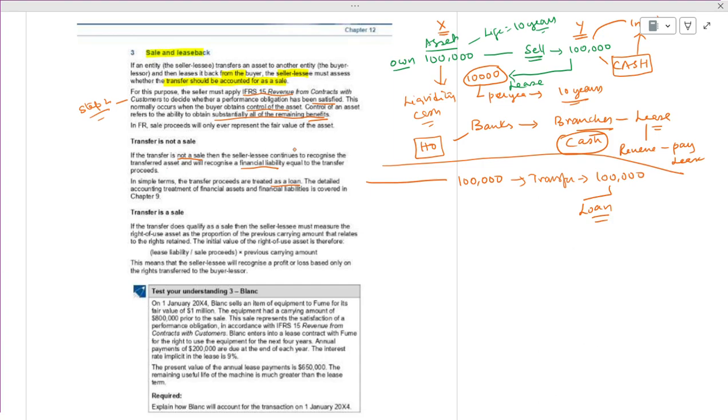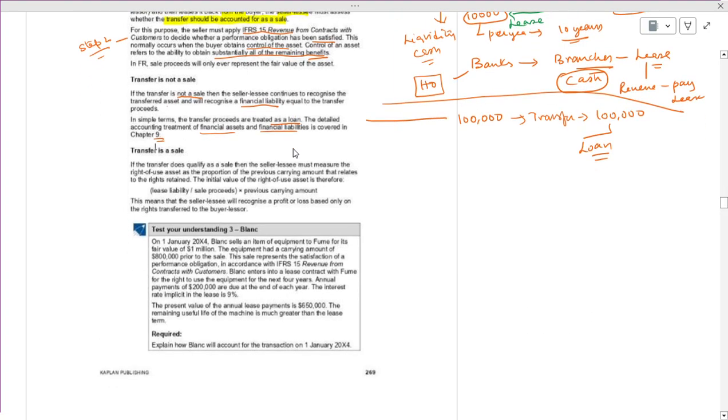The detailed treatment of financial assets and financial liabilities, which we have done, will be applied here. Is it clear? If the transfer does not qualify as a sale, then the seller-lessee must measure the right-of-use asset at the proportion of the previous carrying amount relating to the rights retained.